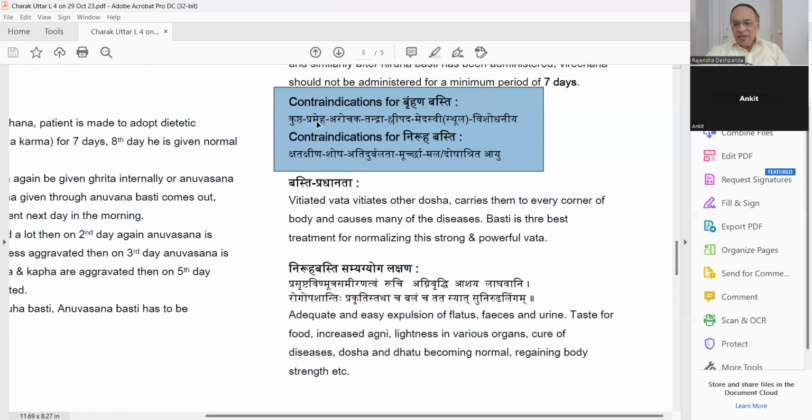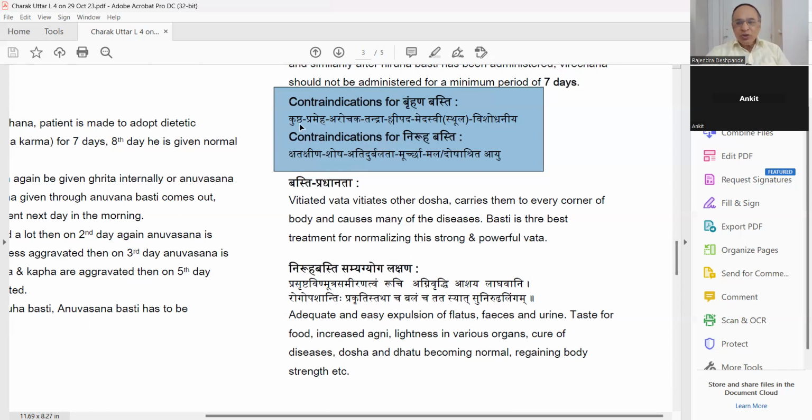So Prameha is Kleda Pradhana Vyadhi. Kleda, K-L-E-D-A. What is Kleda? Watery waste product developed at the time of dhatu pachana vyapar, tissue metabolism.